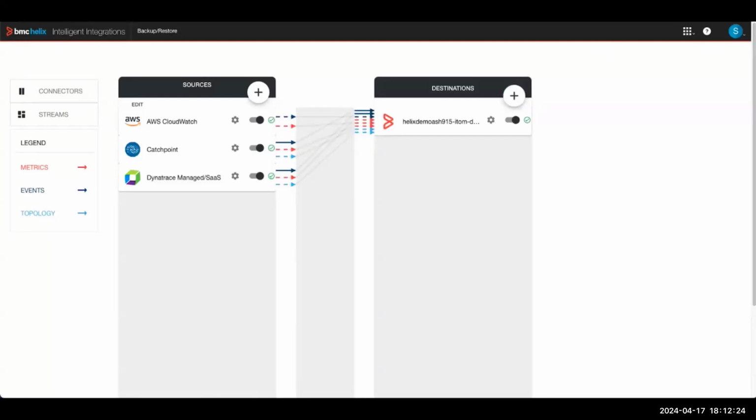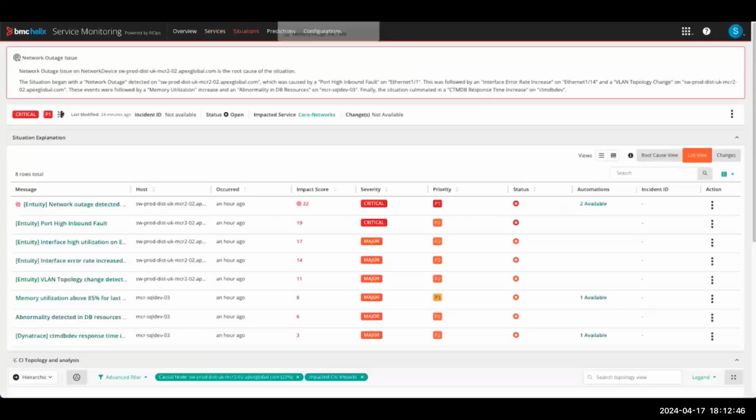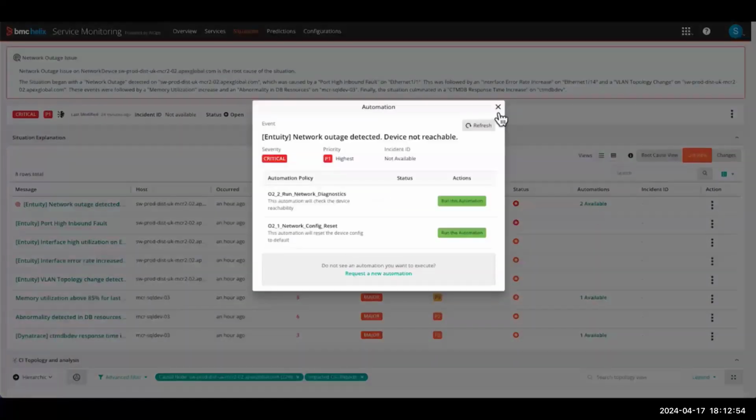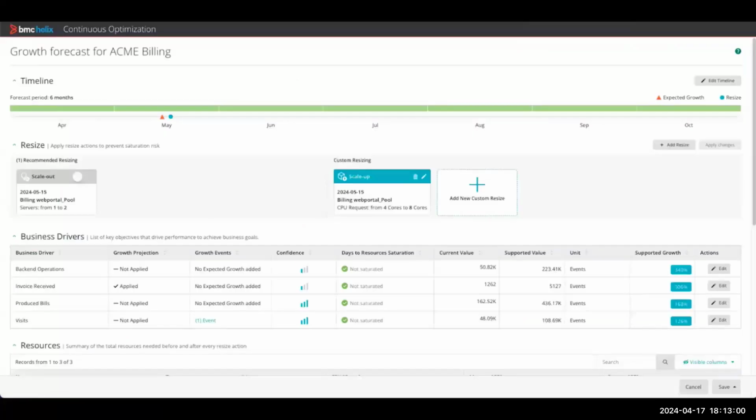So to recap, in order to have an effective AIOps practice, you want to have observability, you want to be able to have service context, you want to be able to do advanced capabilities such as anomaly detection, noise reduction, root cause isolation, automated remediation, and predictive risk identification, proactive capacity planning, and resource optimization.